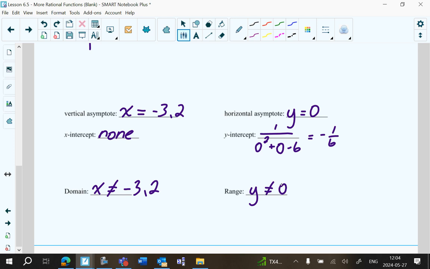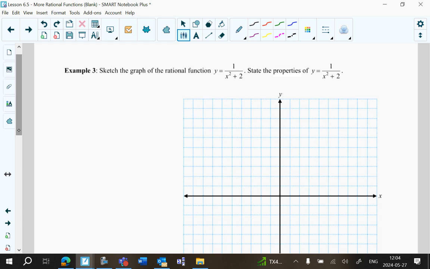Yeah, just one more. And it's not going to be as complicated as these ones. 1 over x² plus 2. Horizontal asymptote, y equals 0. Vertical asymptote: I need to make the denominator equal to 0.